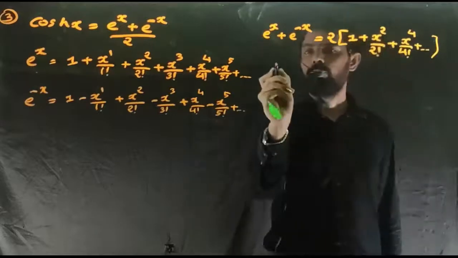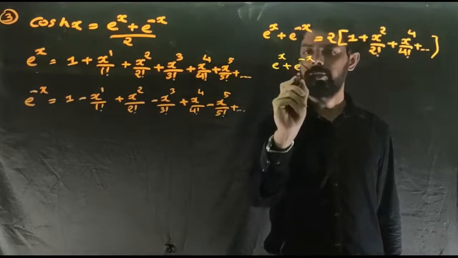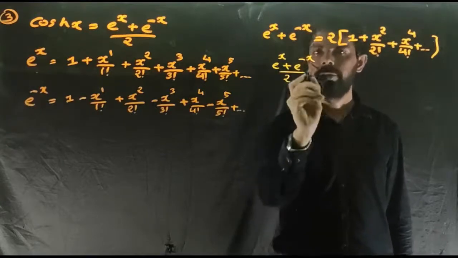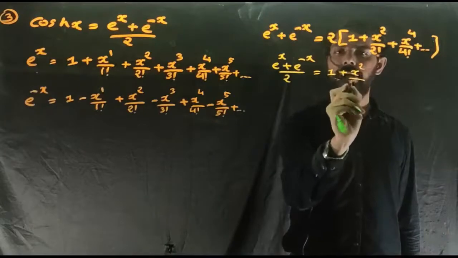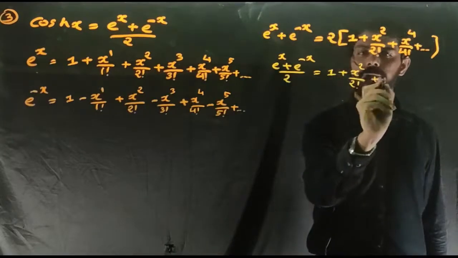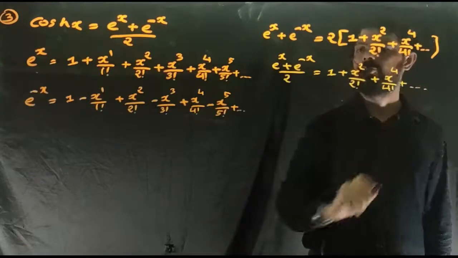Now dividing by 2 on both sides, e raised to x plus e raised to minus x divided by 2 is equal to 1 plus x square by 2 factorial plus x raised to 4 by 4 factorial plus so on.